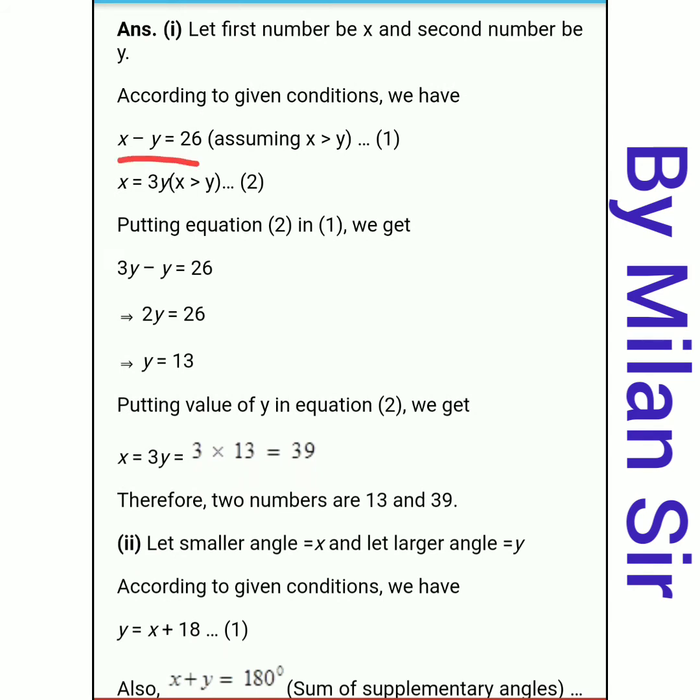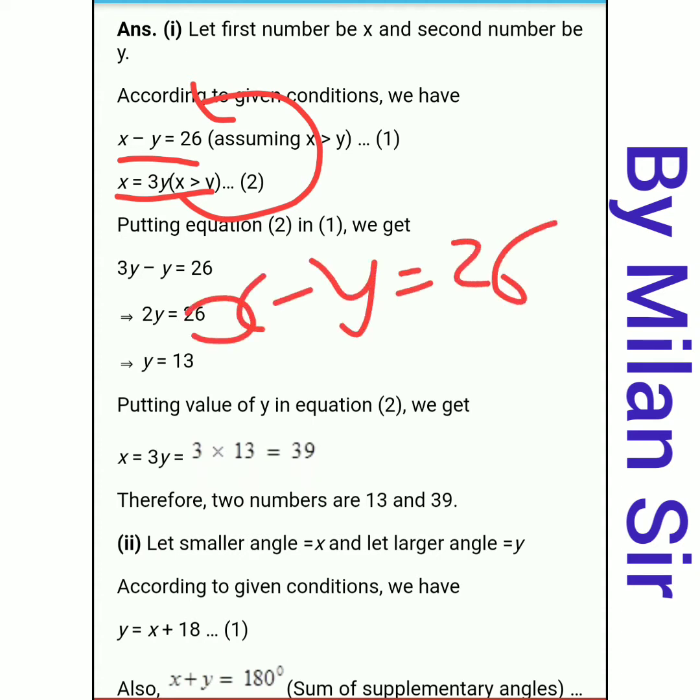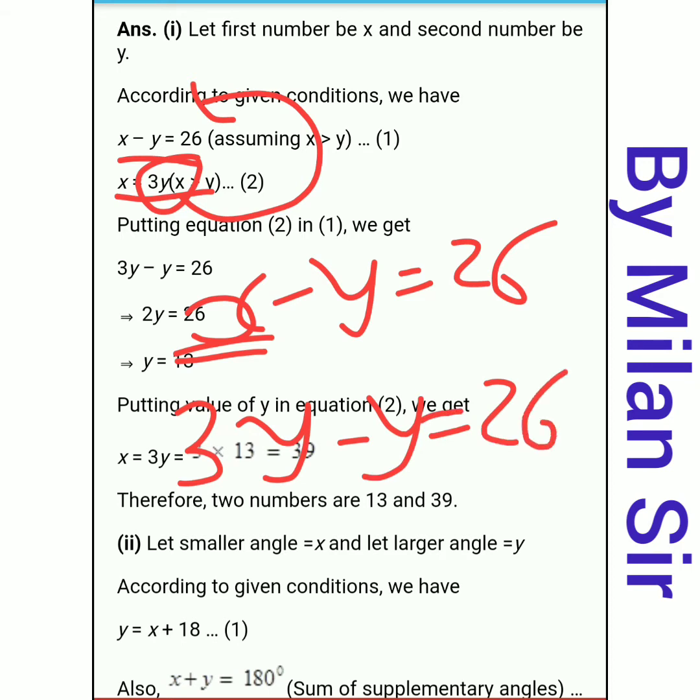So now what we do here, put x is equals to 3y in equation number 1. In x minus y is equals to 26, in place of x we are putting this value 3y, and the other things, minus y and 26, as it is. So here 3y minus y, it's 2y is equals to 26.